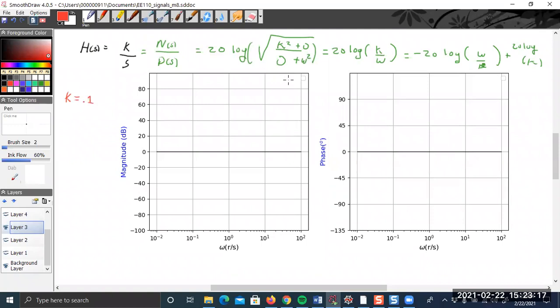So if K were equal to 0.1, right, what omega would make it equal to 1? Well, that'd be 0.1. If K were 1, what omega would make this into 1, thus 0 dB? 1.